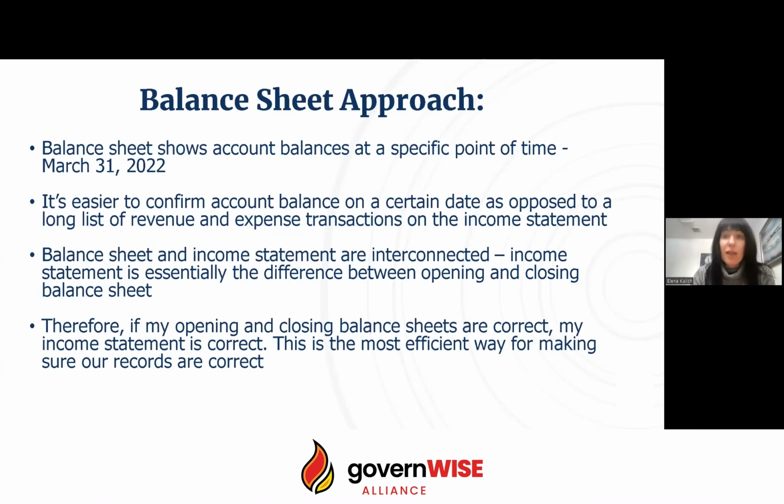Okay, so then another thing we can learn from the auditors, and we use it a lot in year-end preparation, is the balance sheet approach. Most of you know that we have two main financial statements. We have the income statement, profit and loss, statement of operations, where our revenue and expenses and surplus or deficit are presented.